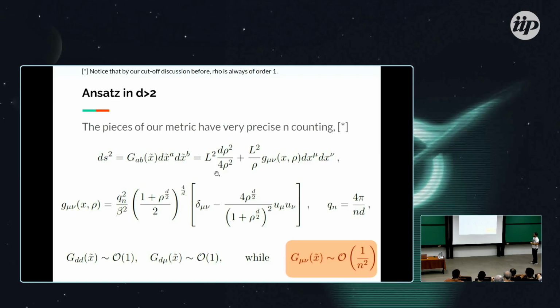The piece of the metric that corresponds to the boundary, by gauge choice, we put to have no factors of n. The g_d mu are by gauge fixing 0, but we can consider them in terms of n to be of order 1. But notice that this g_mu nu that appears has a q_n squared, and q_n has a 1 over n. So these pieces of the metric do have a 1 over n squared, so they are highly enhanced.